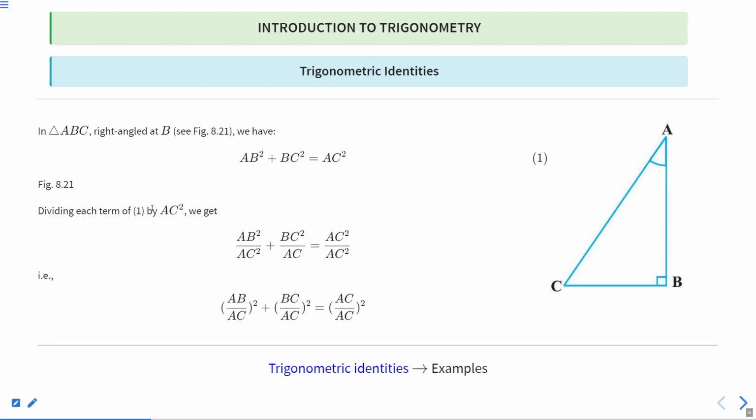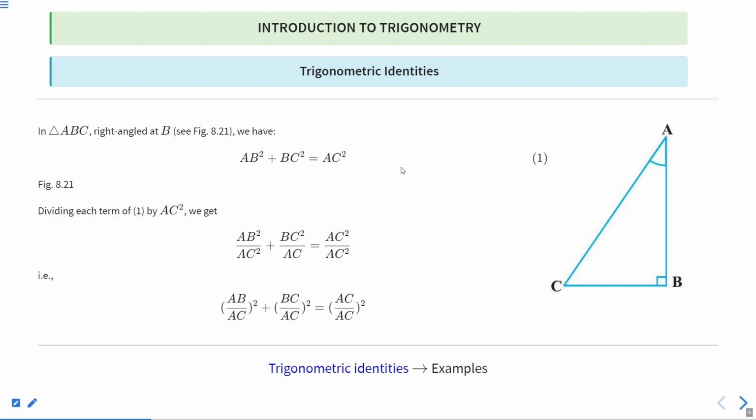Now dividing each term of equation 1 by AC square, we get AB square divided by AC square plus BC square by AC square, equal to AC square divided by AC square.